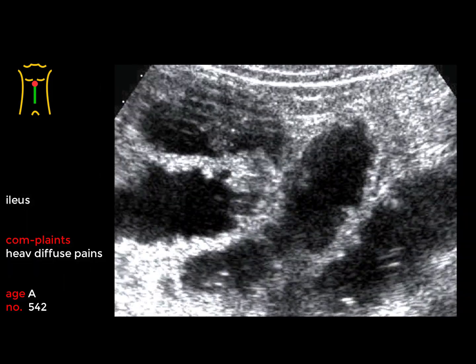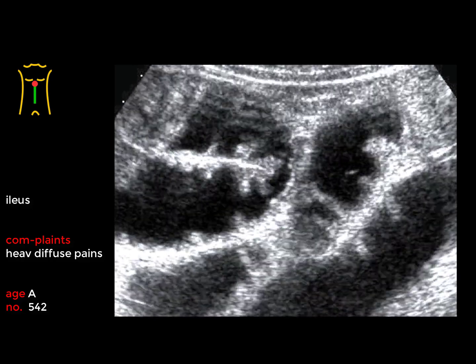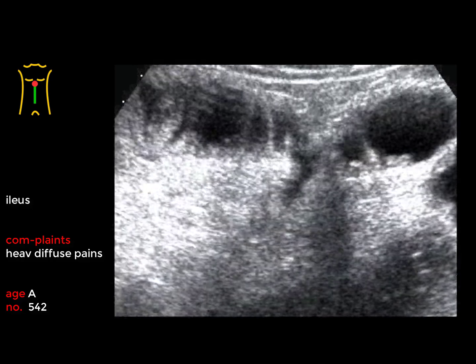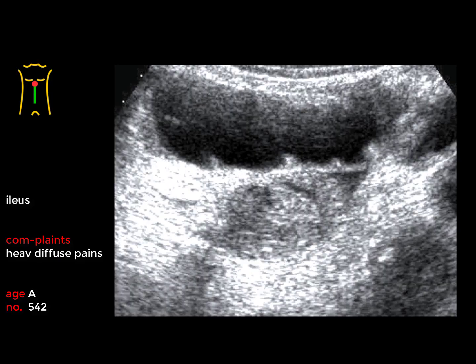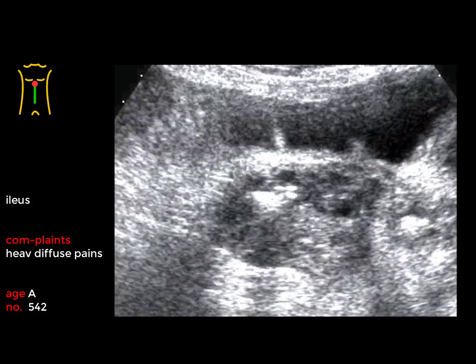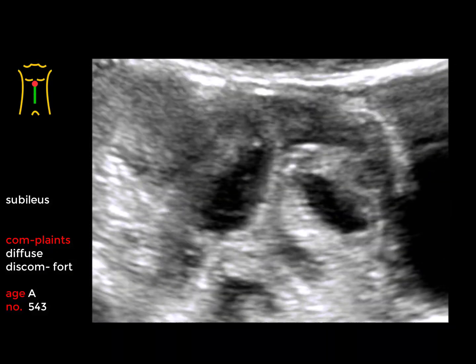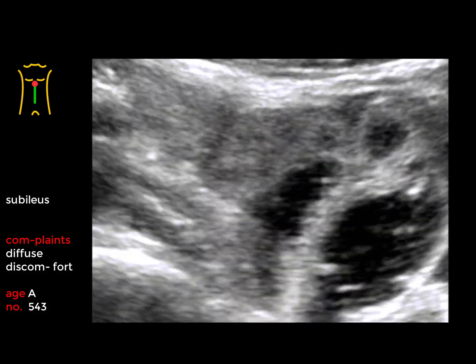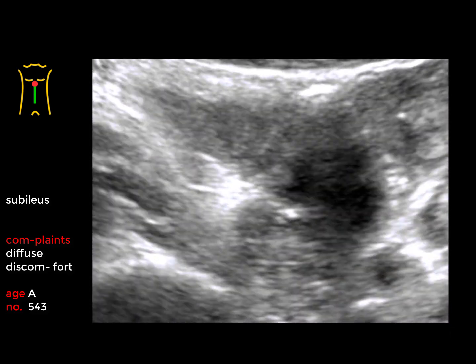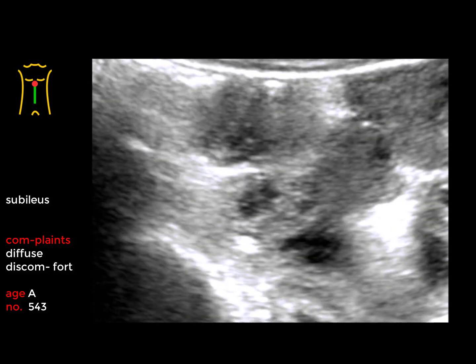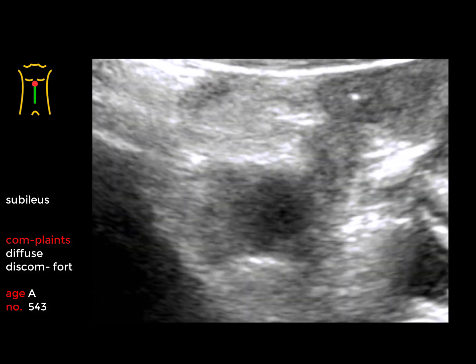Again in 542, enhanced water filling, thick plicae, and slight ascites, do not press with the probe, are typical ileus features. And in 543, a pathognomonic washing machine peristalsis, pathognomonic for a volvulus. This in 544, however, was a self-limiting transient inflammation only, lasting merely a few days.